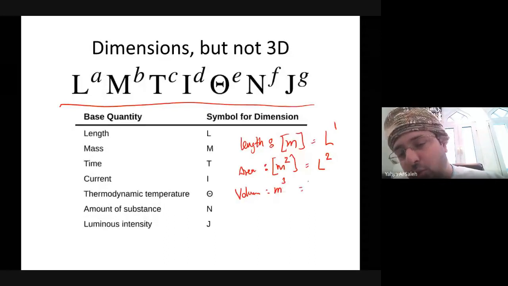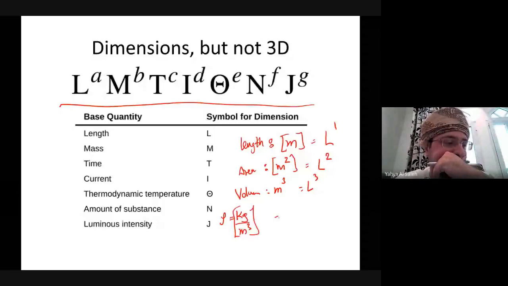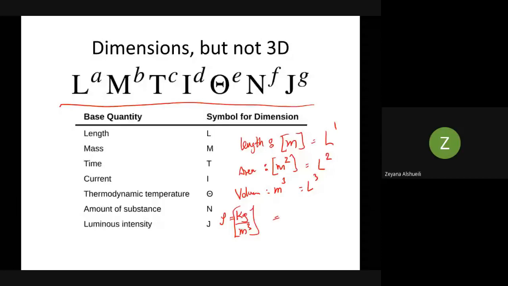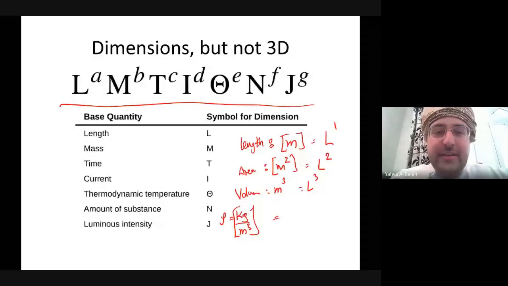Let's do another one. Before, we did density. We said it's kilograms per meter cube, right? What is its dimension? M per L cube. M divided by L cube. Excellent. M L to the minus 3.